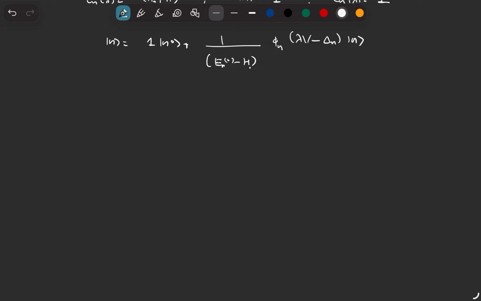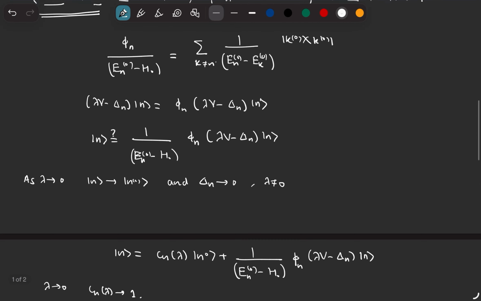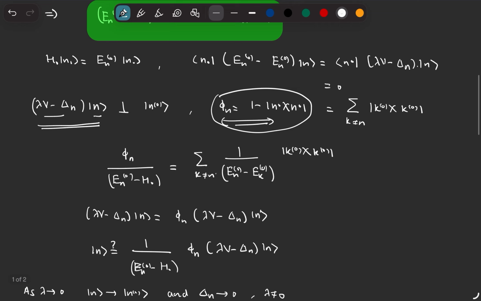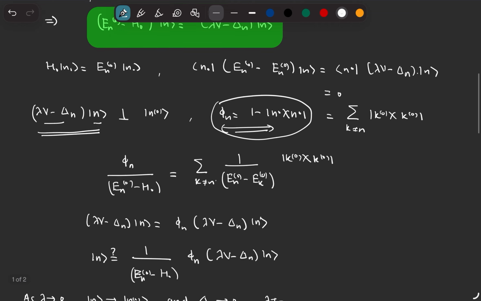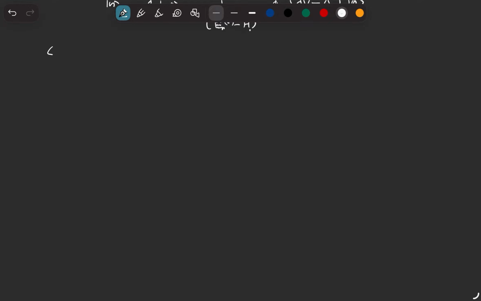Now, if you remember this equation, we have shown this.